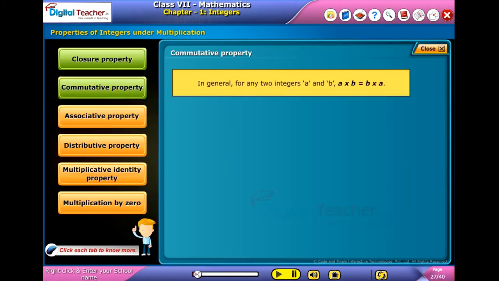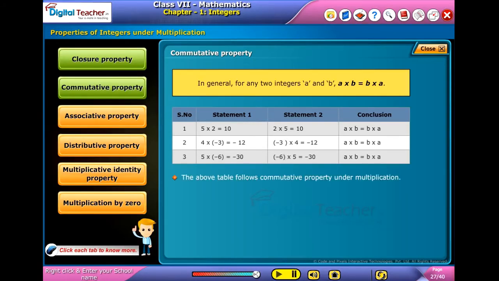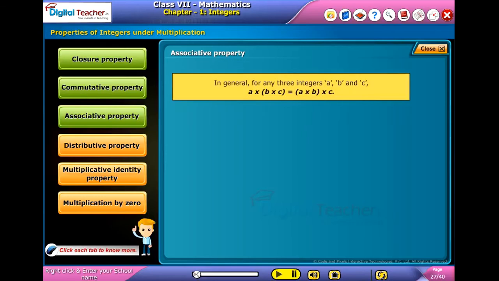Commutative property defines that for any two integers a and b, a into b is equal to b into a. In the first statement, 5 into 2 is equal to 10, and in the second statement, 2 into 5 and the third property under associative property defines that for any three integers a, b and c, a into b into c is equal to a into b into c.